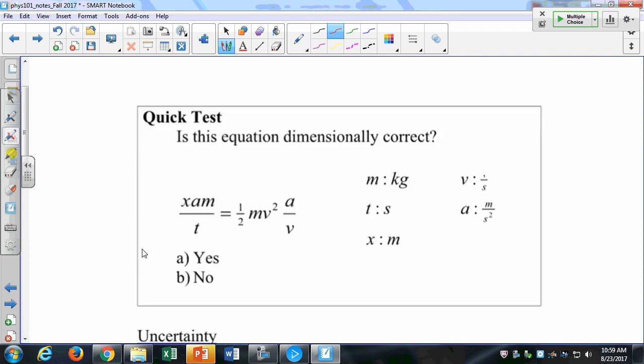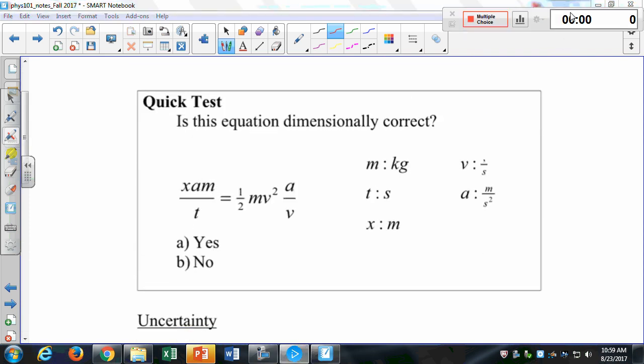I'll explain. All right, let's try this one. This is from an old test. There's a typo here. V should say meters per second. This was a little more complicated than the ones we've been doing, but I'll show you how it can be greatly simplified when I show you these.